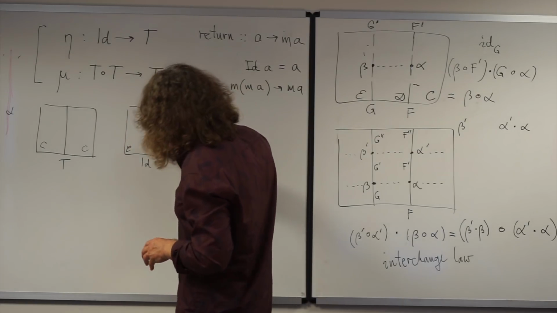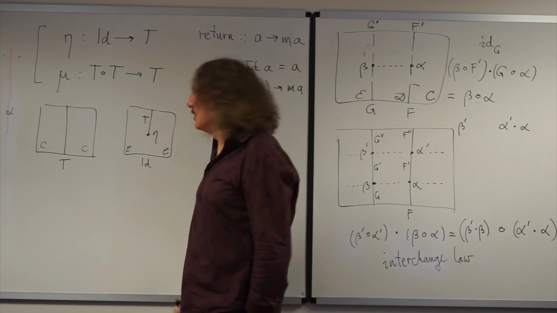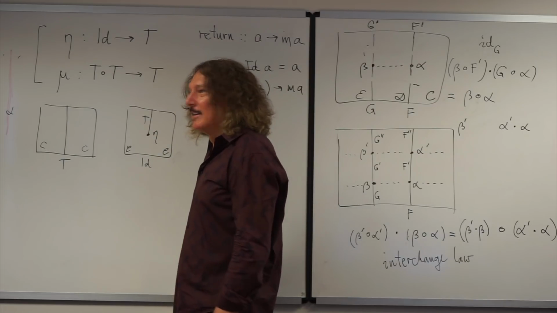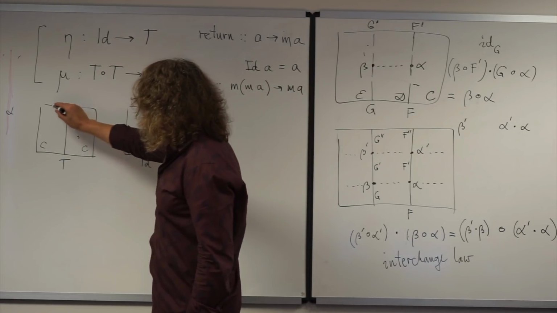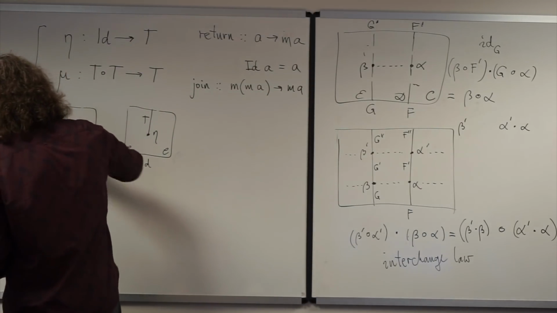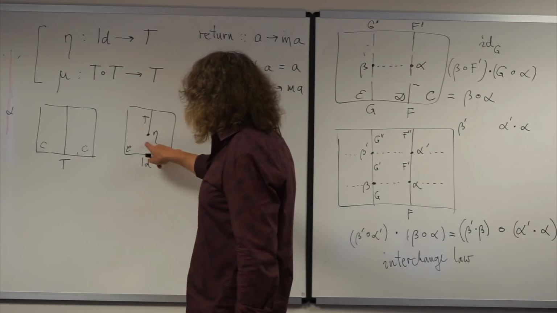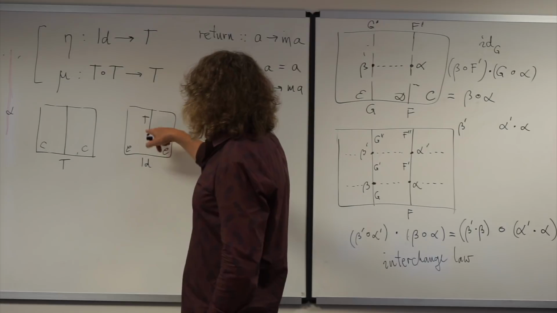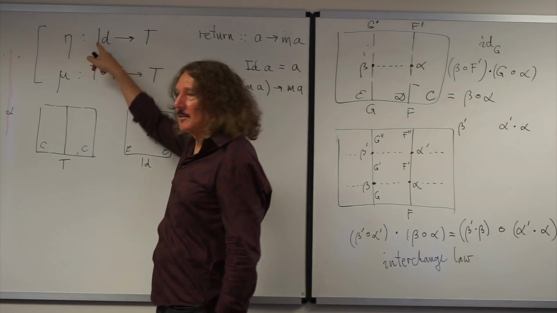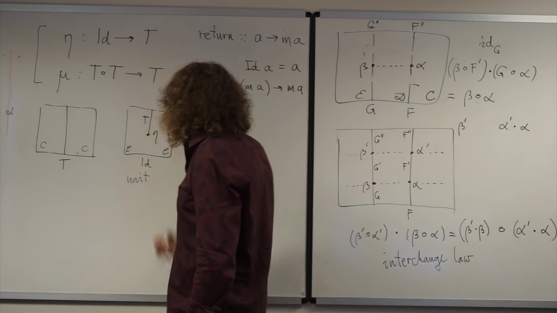Normally we don't even draw this line. Why should we? We can draw an identity functor anywhere we want, it does nothing, just like multiplication by 1. So this is what we call the return here. Here it's called unit. Eta is unit.